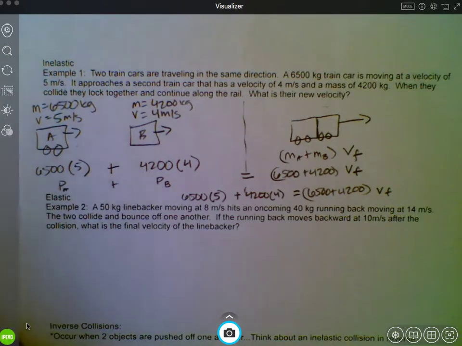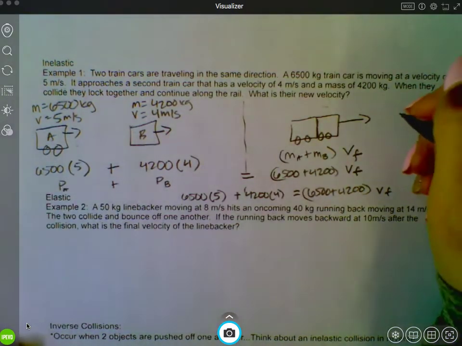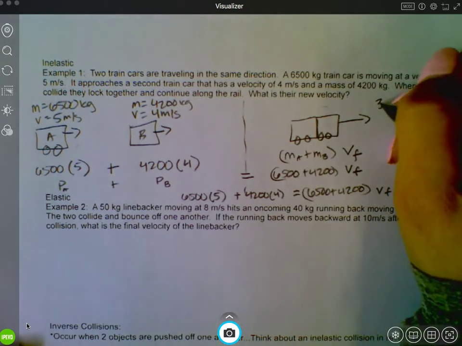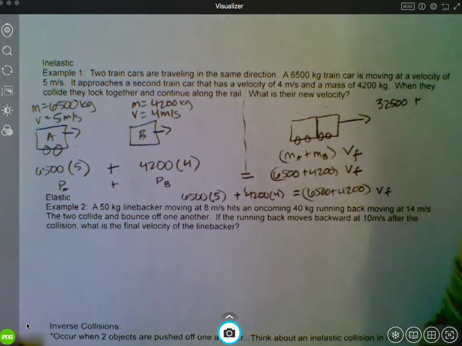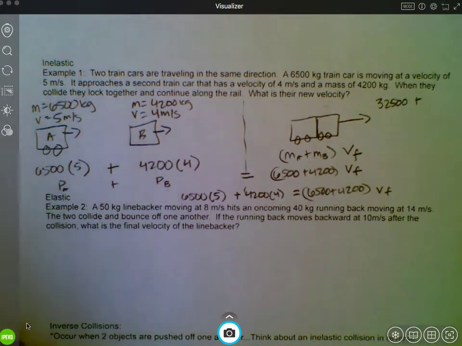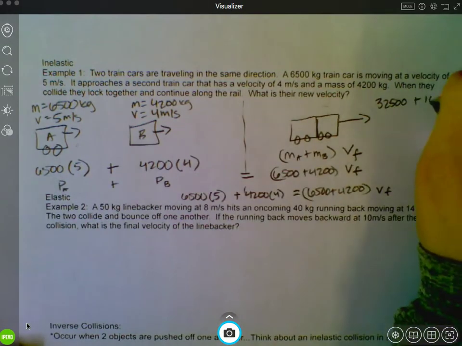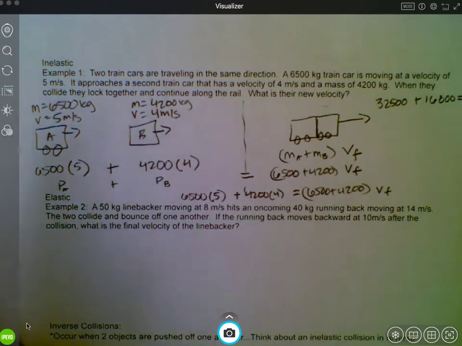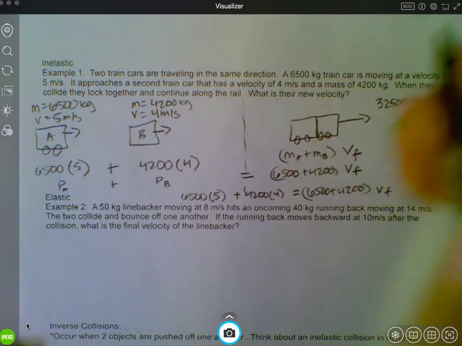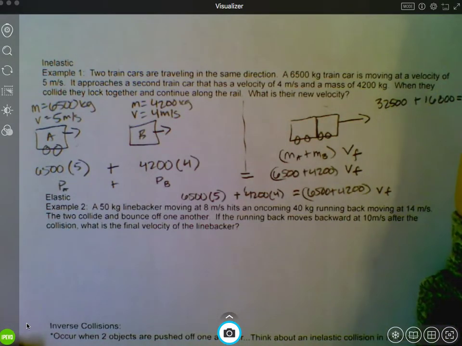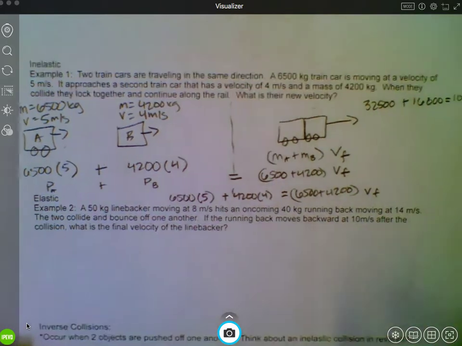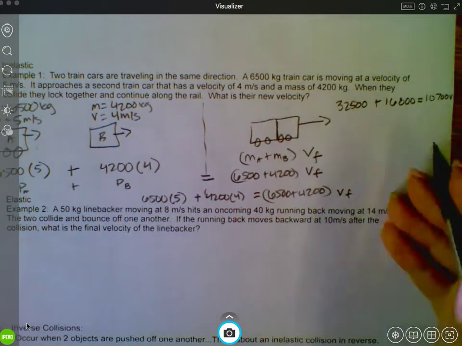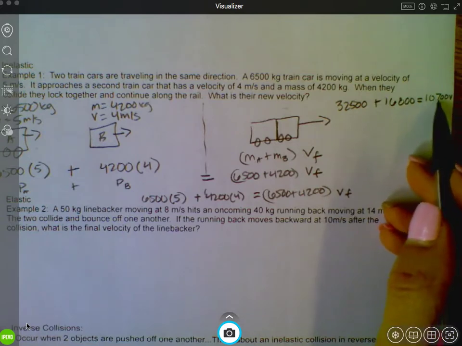6,500 times 5. I'm going to finish this over here. So that's 32,500 plus 4,200 times 4 is 16,800 equals 6,500 plus 4,200, 10,700 V, okay? Sorry, just kind of getting squished over here. This is their masses together.